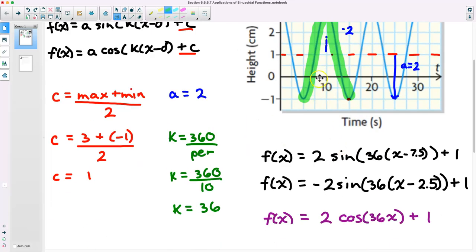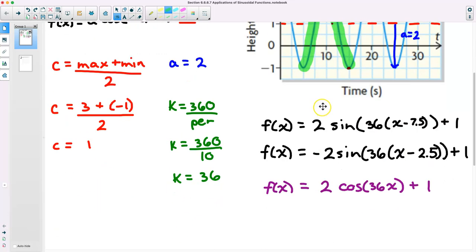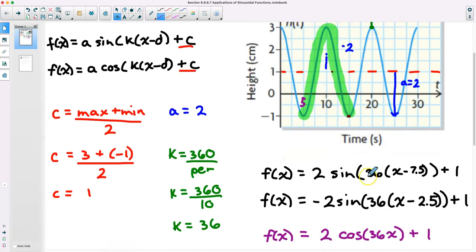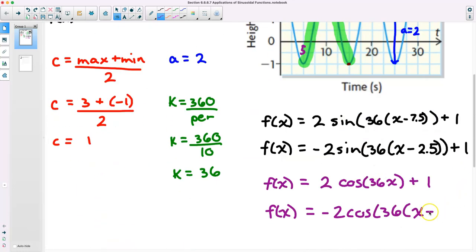So again, looking at this green shape, because it's a vertical reflection, we can write this as f of x equals -2 cos 36x minus, and in this case, because we're shifting it to the right, halfway between 0 and 10, this is going to be 5. It's going to be a 5 inside this bracket here, and then +1.